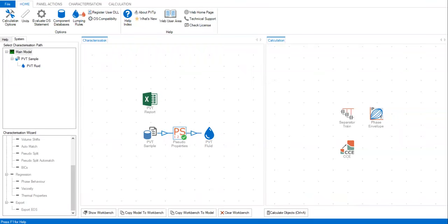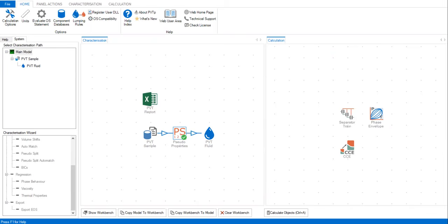So we will continue our learning on PVTP software, a very powerful and interesting software for compositional modeling, especially fluid modeling. All right. And in the previous video, by the way, we are still dealing with oil modeling, compositional oil modeling.